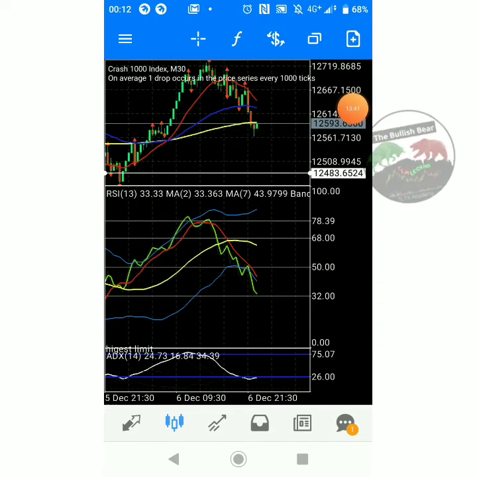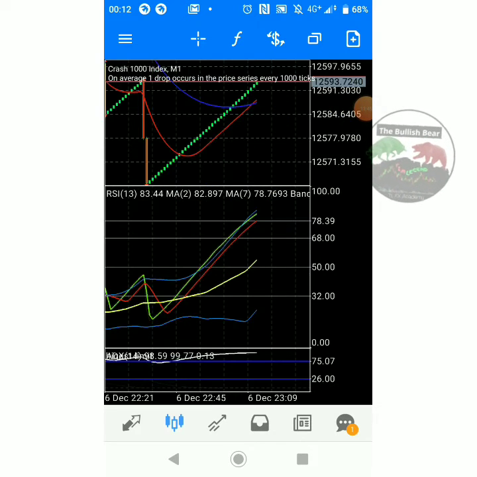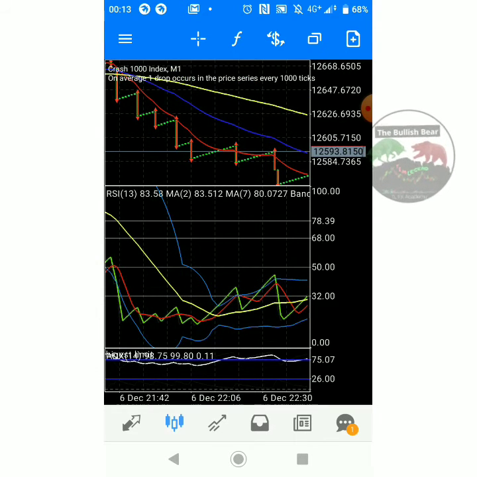Since it's a downtrend, it simply means the green line has to get to the yellow line with different spikes before it gets to that yellow line. And once it gets to the yellow line at the 32.00 level, not at this level, that is when you know it's going to be a long buy trade.